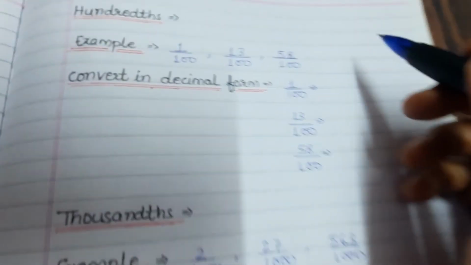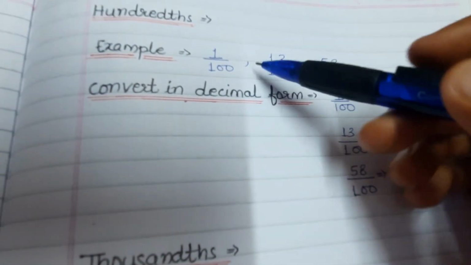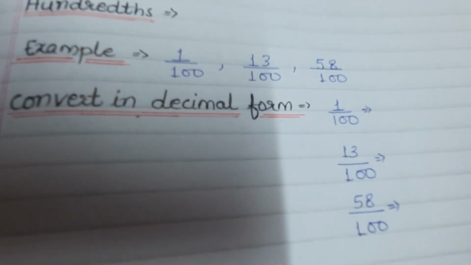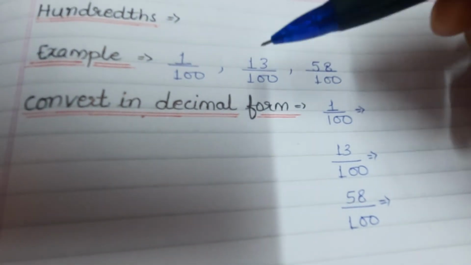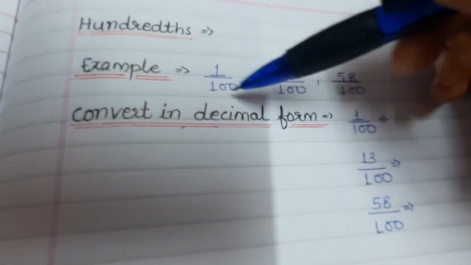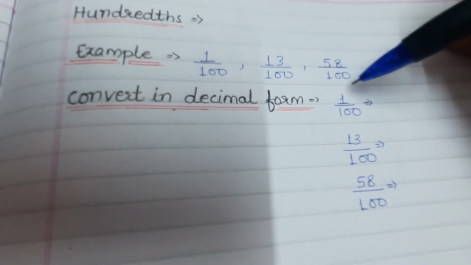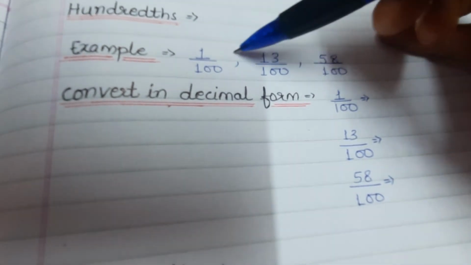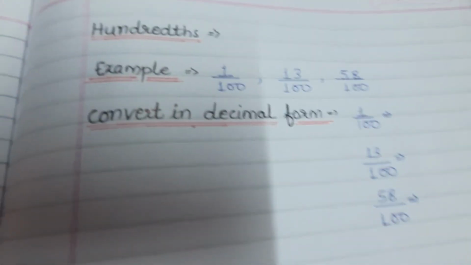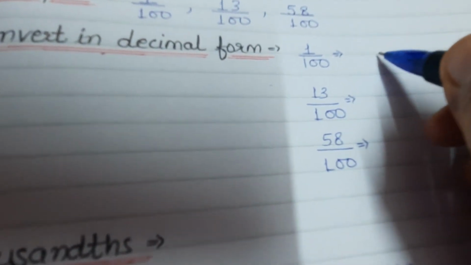Now about hundreds. A decimal fraction with 100 as a denominator is called hundreds. For example, 1 upon 100, 13 upon 100, 58 upon 100. See, we can see in denominator 100. Now how to convert these type of fractions? So see here.